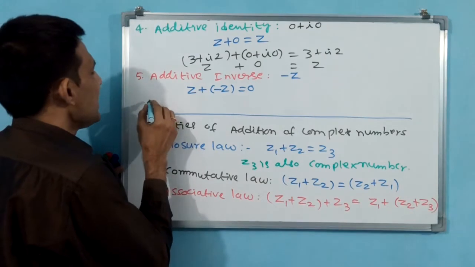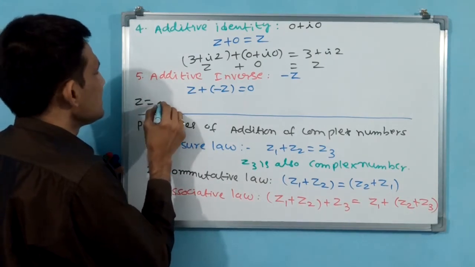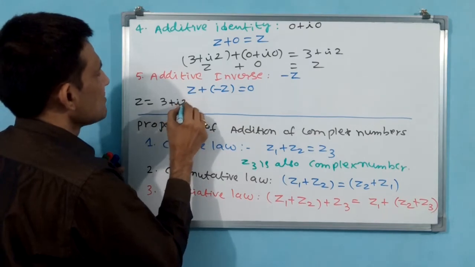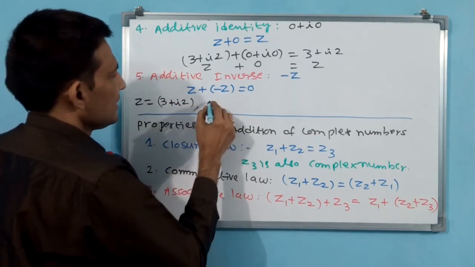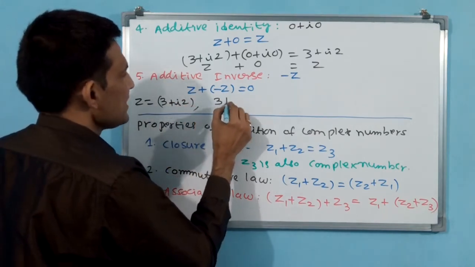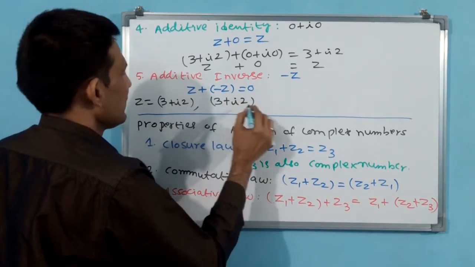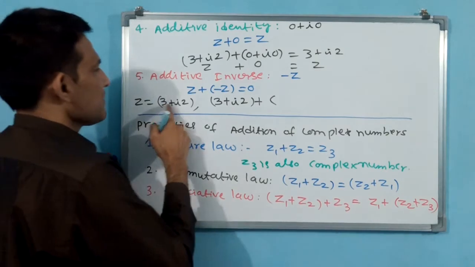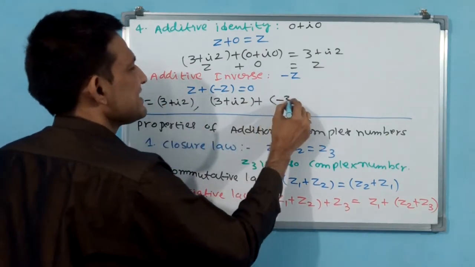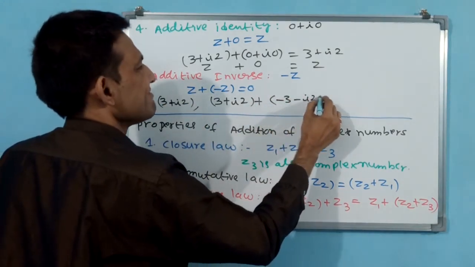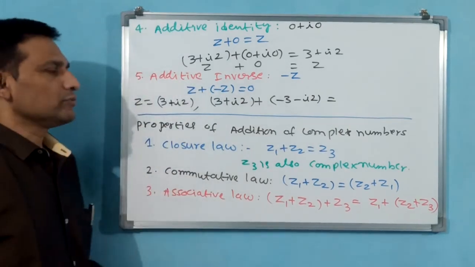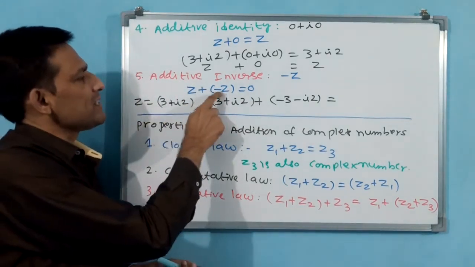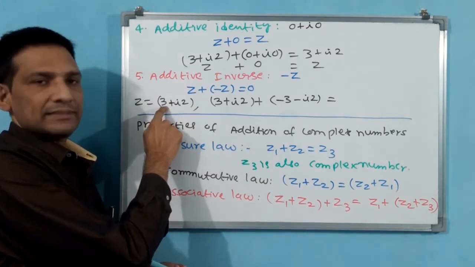You see here how I am writing. Let z is equal to, same like here, 3 plus i2. Now I am writing 3 plus i2 plus minus z. Minus z means minus 3 minus i2. Understand, na?